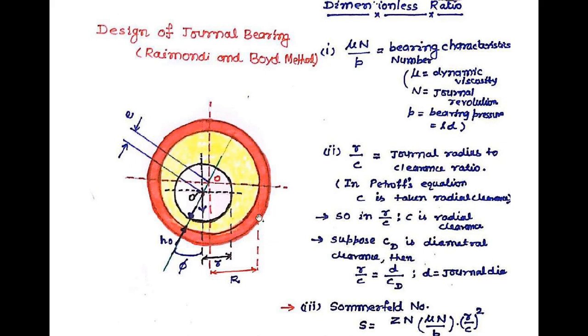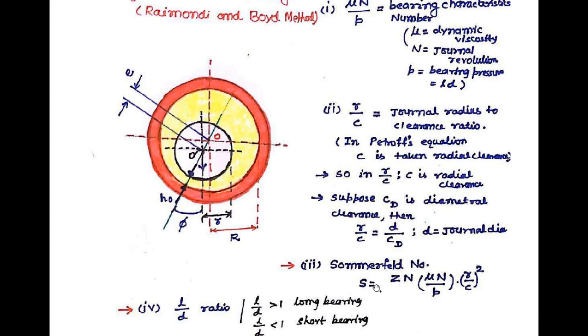Look at this figure. I think it is clear now. H0 minimum film thickness, phi position of minimum film thickness, small r radius of journal, capital R radius of bearing, and the distance between O and O dash, means center of bearing and center of journal, is eccentricity E. Now these are the dimensionless parameters defined by Raimondi-Boyd.